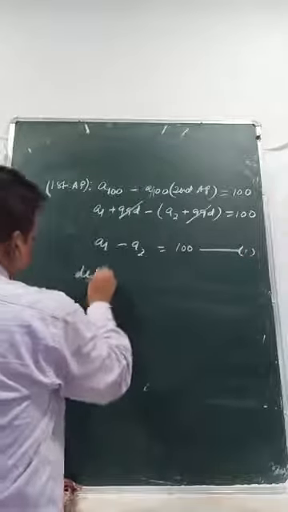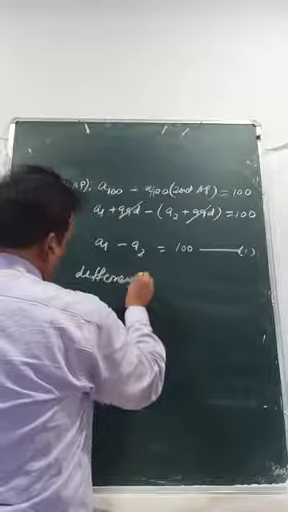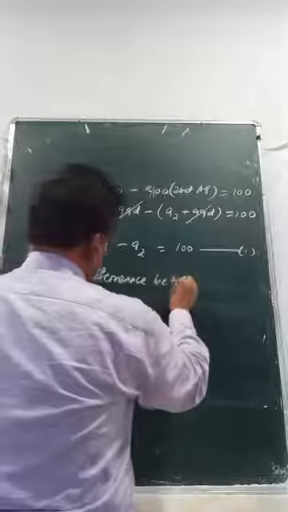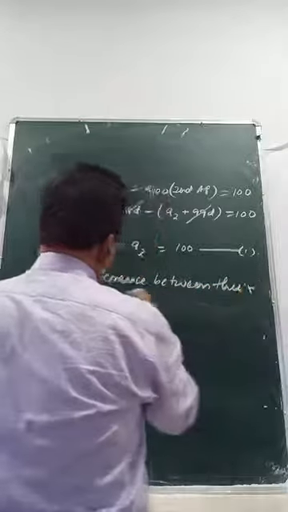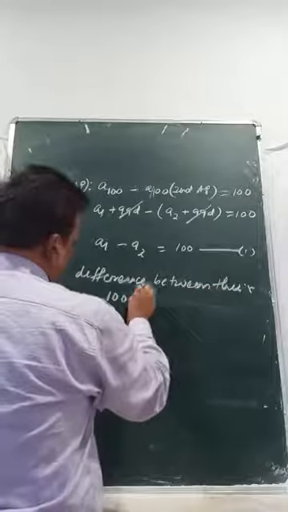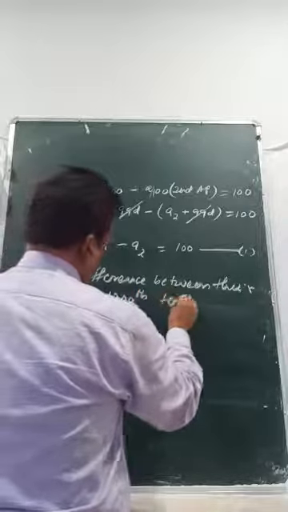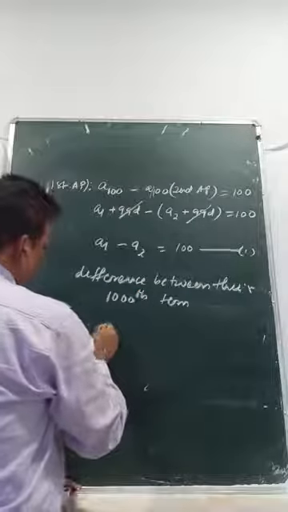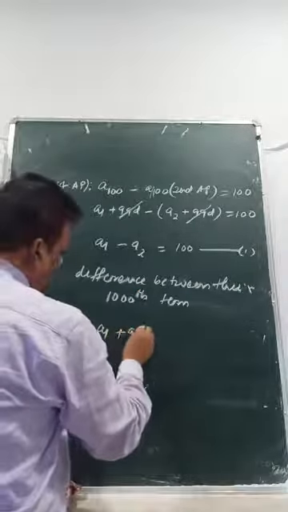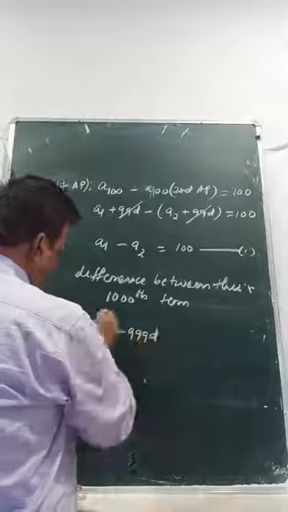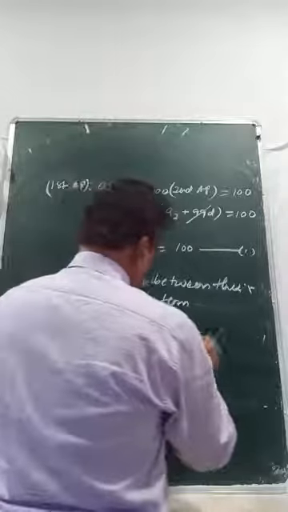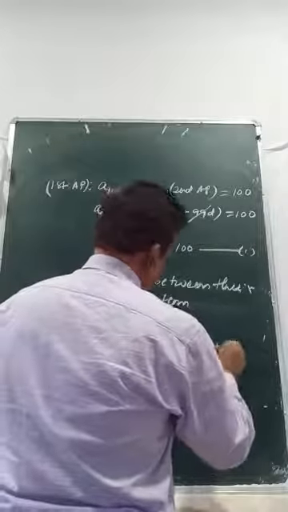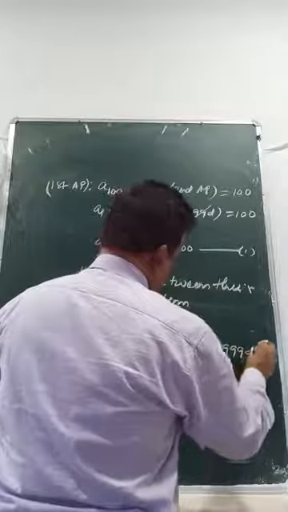Difference between their thousandth term means it will be A1 plus 999D for the first, and A2 plus 999D for the second.